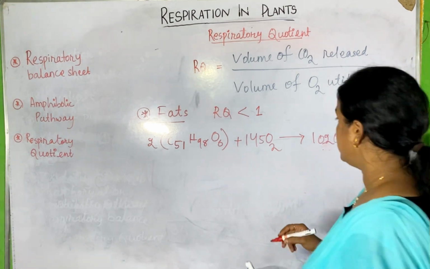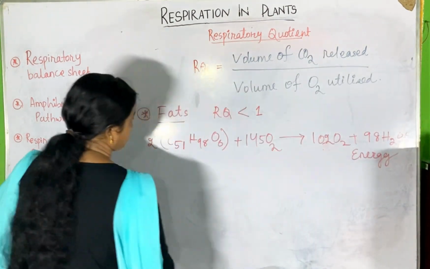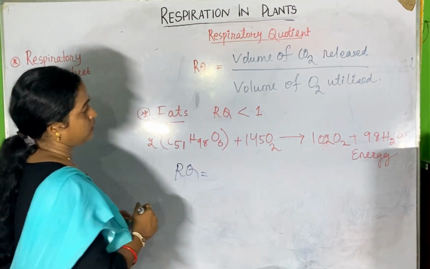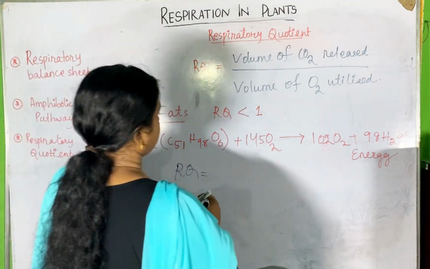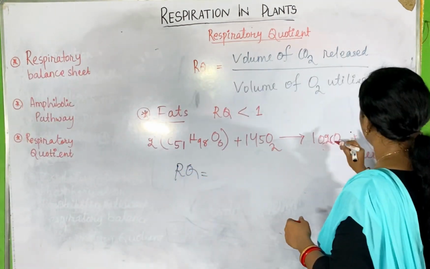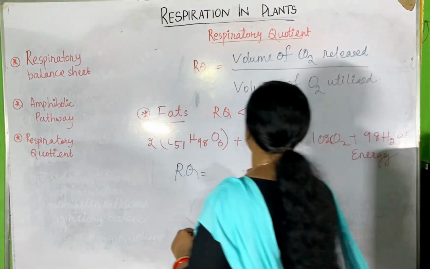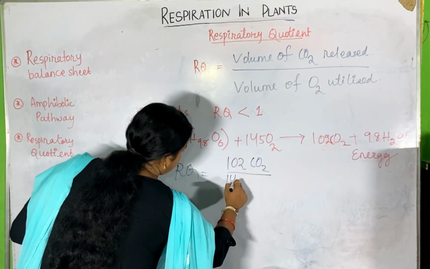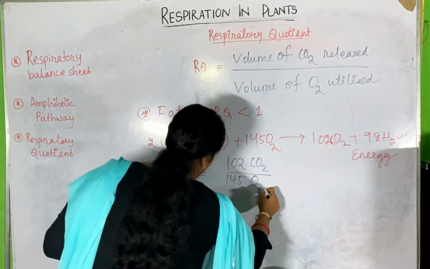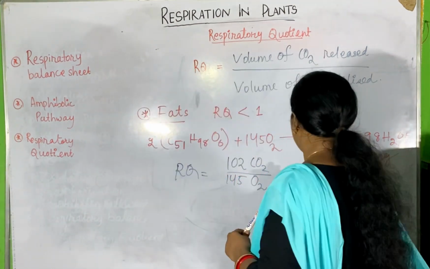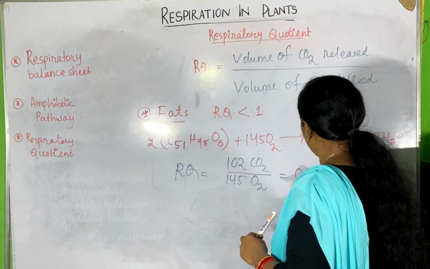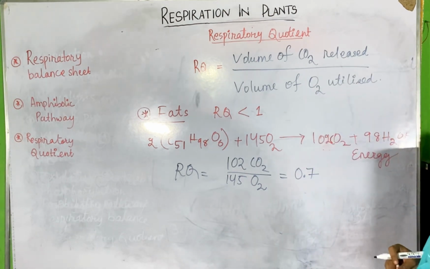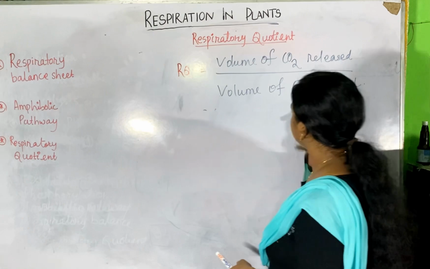So here let's calculate the RQ. The RQ will be 102 CO2 divided by 145 O2. So this is nearly equal to 0.7, that is less than 1. So for the fat, the RQ is less than 1.